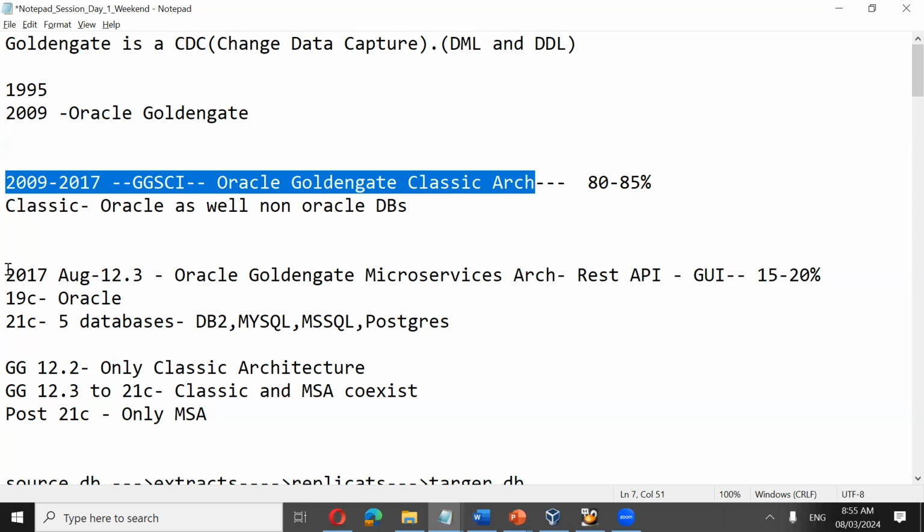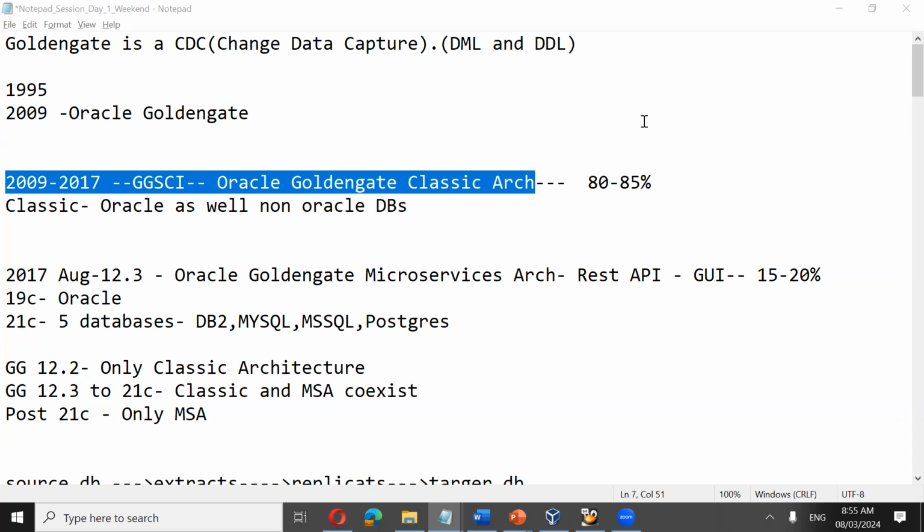Oracle Goldengate Classic Architecture is the GGSCI based architecture which allows you to set up, manage, troubleshoot and configure Goldengate through GGSCI. GGSCI stands for Goldengate Software Command Line Interface.